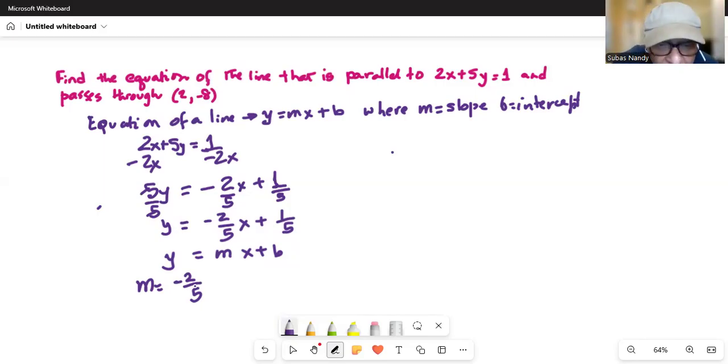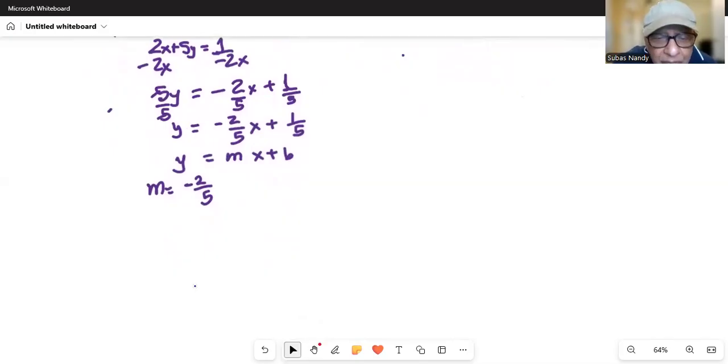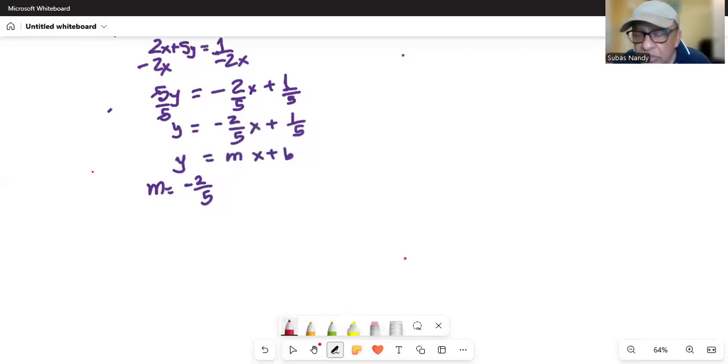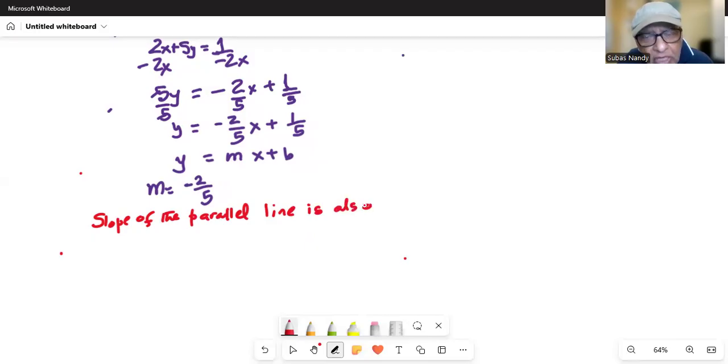So the slope of the parallel line is also minus 2 over 5, because the line is parallel to the given line.